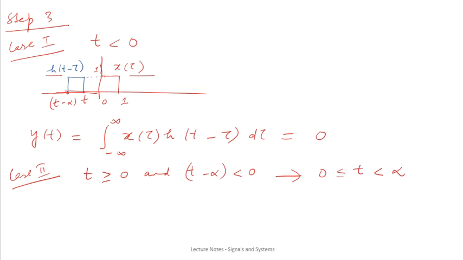So in that waveform you can see what will happen if t is greater than 0 and t minus alpha is less than 0. If I represent it with the help of the waveform, obviously this x(t) will remain the same.